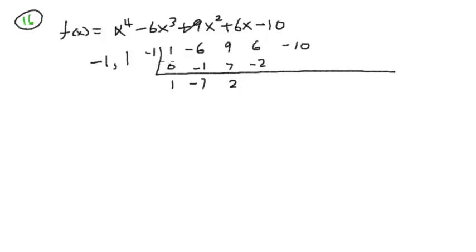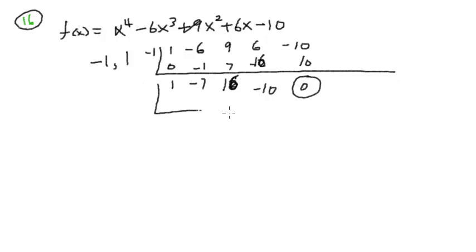Wait a minute here. Let's see what's wrong with this. 1, -1, -7, +7. Ooh, that's a 16. That's a -16. That'll give me a -10, and +10, that's 0.